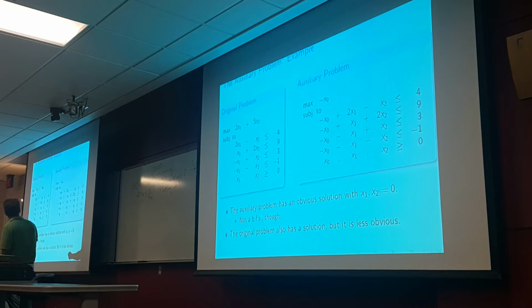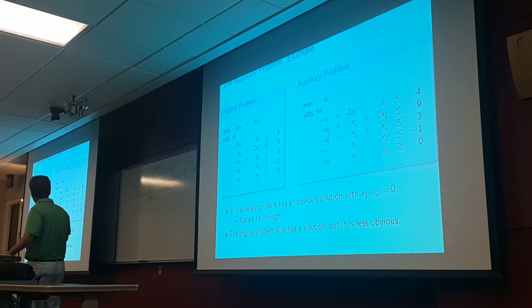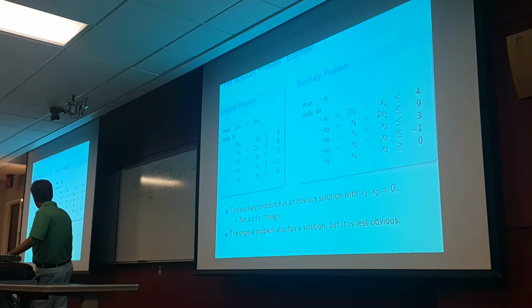In this new problem, I've replaced the objective function by negative x0, where x0 is a new variable, and I have added negative x0 to all the constraints, except of course the non-negativity ones, which make x0 non-negative. So I just subtract those away. I now know that for sure this problem is feasible, because I can set x1 equal to x2 equal to 0.